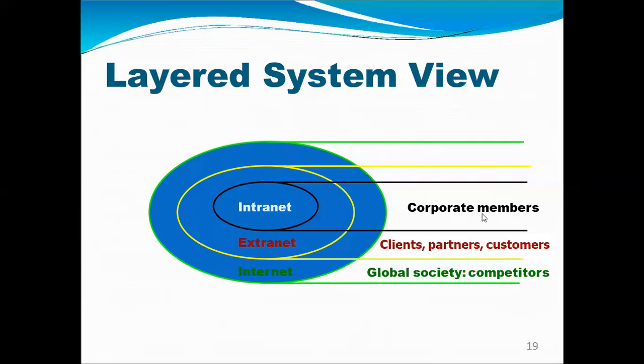Then comes the core area, the smallest circle, the intranet, which is shared only between internal persons, the corporate members or the people working in the same department, the same layers, maybe the same payroll. Both the intranet and the extranet are using the concept of the internet, the network of networks.